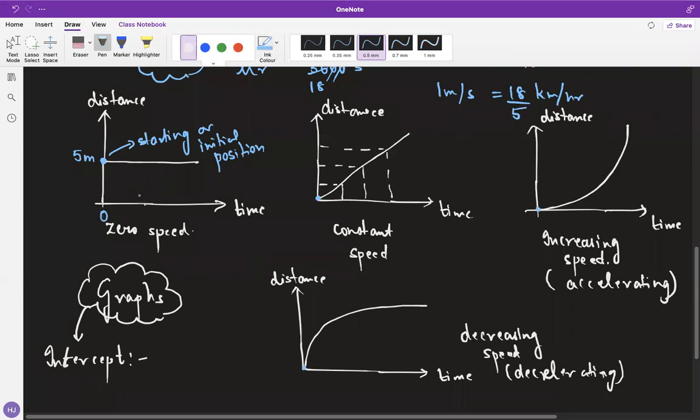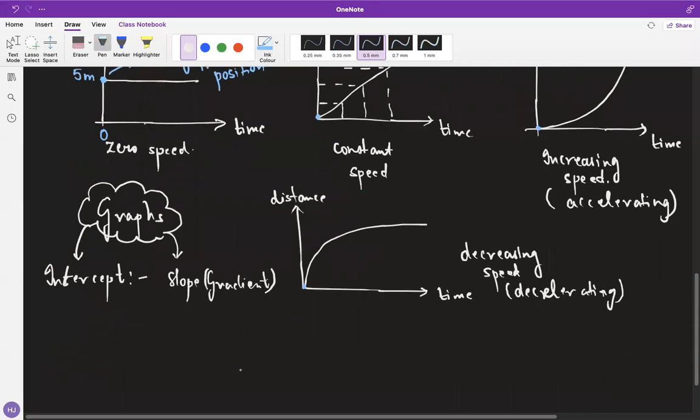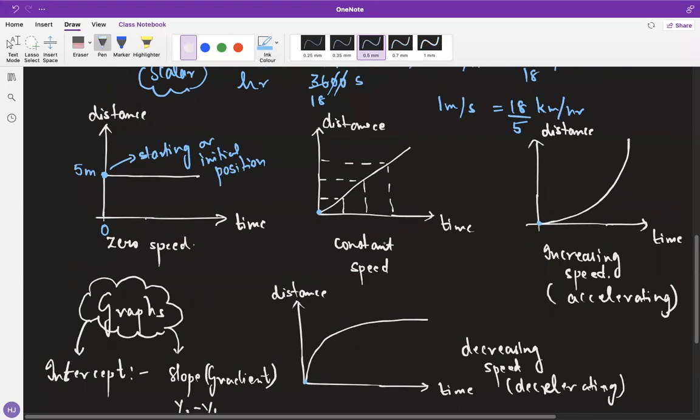And the second parameter that the graph can help us with is the slope, which is also called the gradient. The idea is very simple. We need to calculate y2 minus y1 over x2 minus x1. So let's select two data points here: x1, x2, y2, y1.